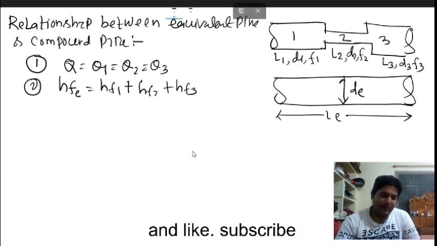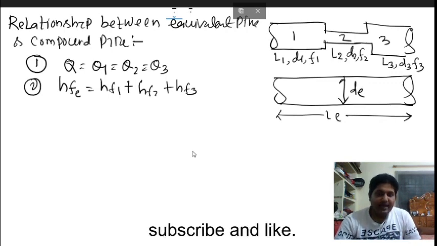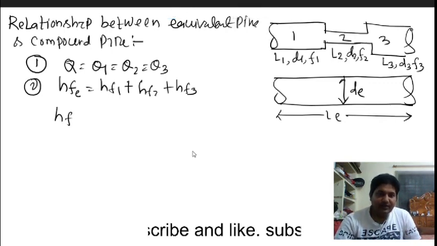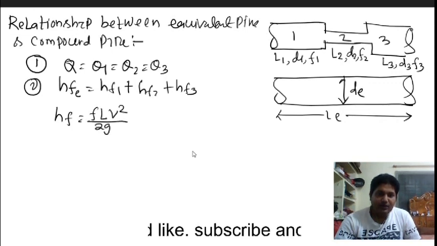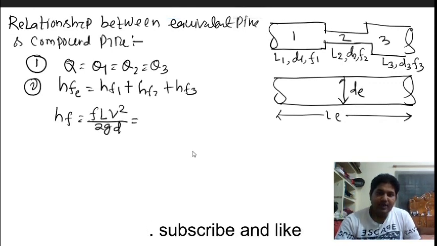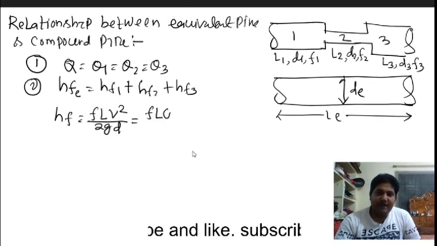Okay, now we know the head loss due to friction will be equal to FL V square by 2G into D. So you can also write down this equation in the form of discharge. So FL Q square divided by 12.1 D to the power 5.